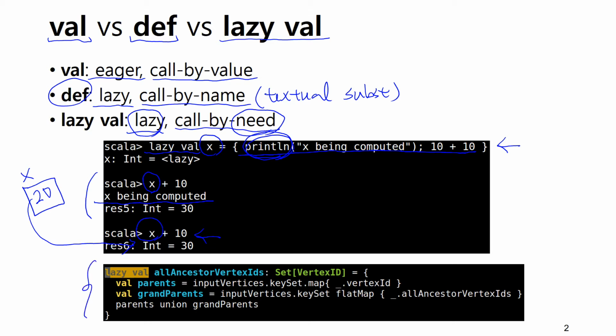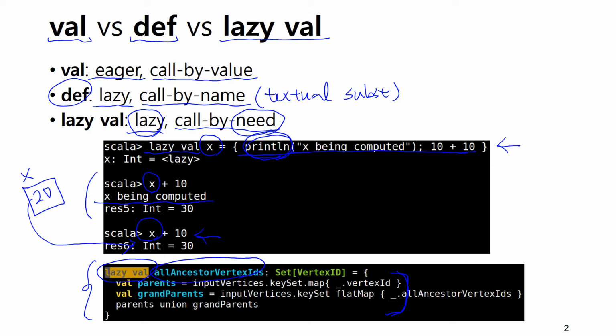This is an actual example of using lazy val. You can see that this expression is not trivial to compute, and it may take a while to finish the computation. And moreover, this variable may not be used at all.